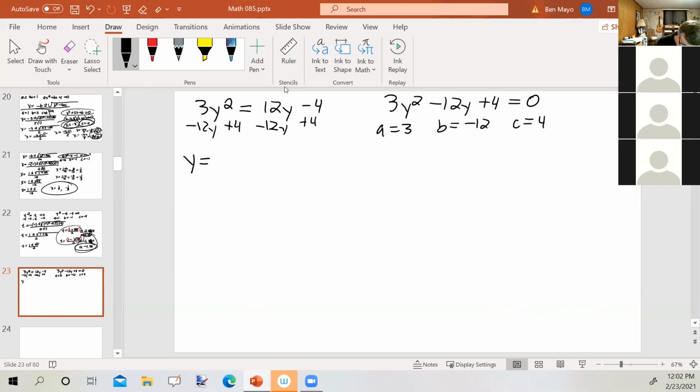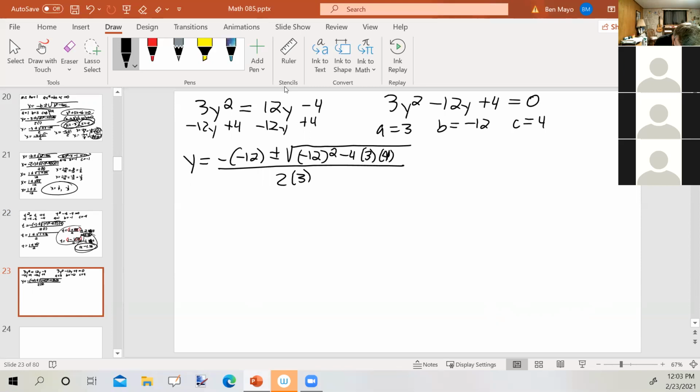So y equals negative b plus or minus the square root of b squared minus 4ac, all over 2a.